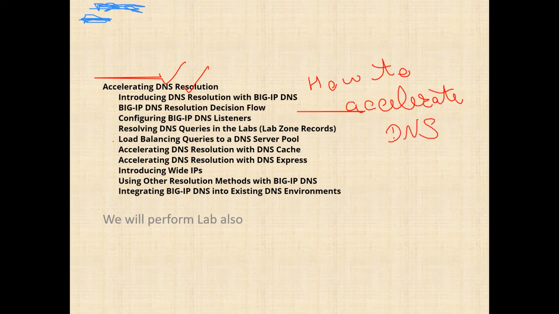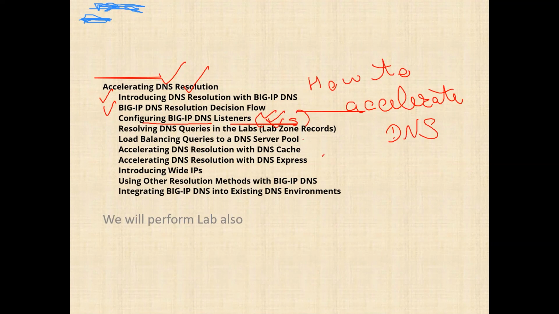In this, we will see first the introduction of DNS resolution with BIG-IP. Then we will configure your BIG-IP DNS listener, which is the same as your name server in DNS, which listens to your DNS requests initially. So it can be called a virtual server in GTM terms.